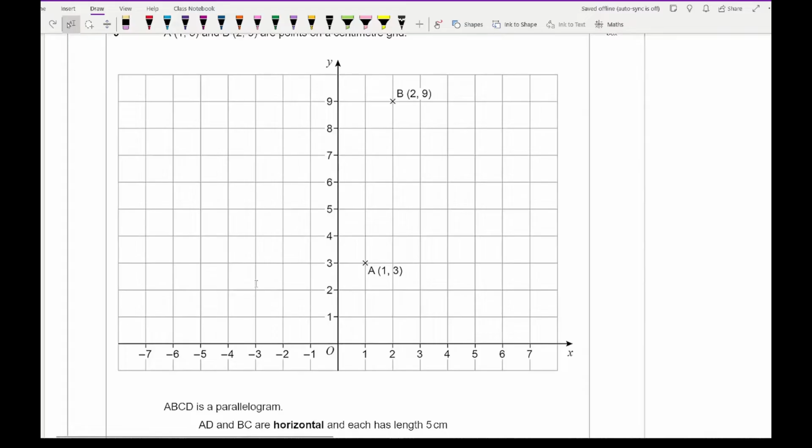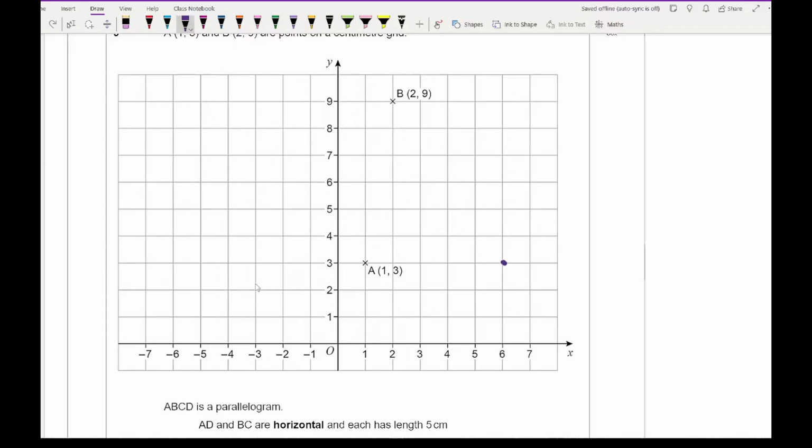Now for this, what we need to do first is we know that it's got a length of 5. So from this, what we then need to do is work out where the corresponding points are going to be. So here, D could either be 5 horizontally from A, so that's 1, 2, 3, 4, 5.